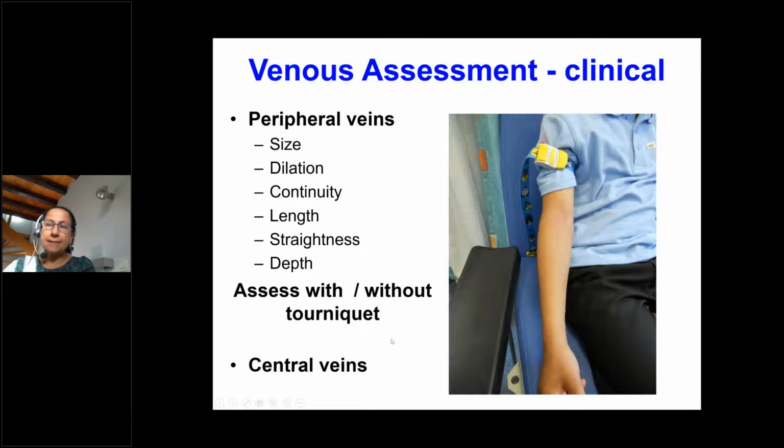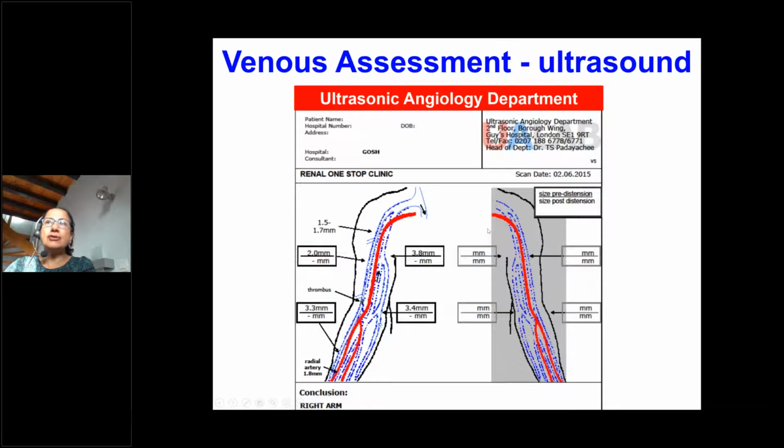with the tourniquet applied. We then have an ultrasound performed, and this is a graphical image on which data is recorded. So here again, you see two spaces for vein size at each level, and this is with and without tourniquet. And we examine the veins along the entire length of the arm and also central veins on ultrasound.